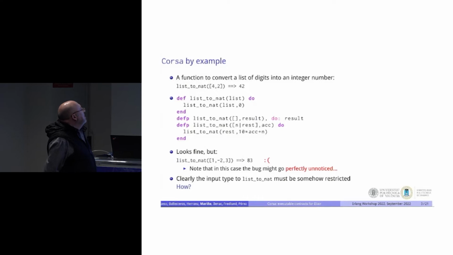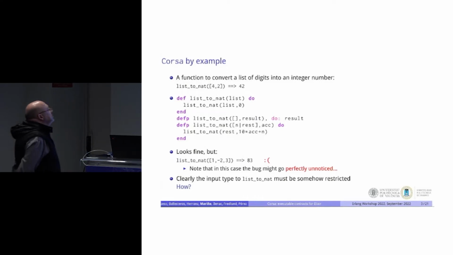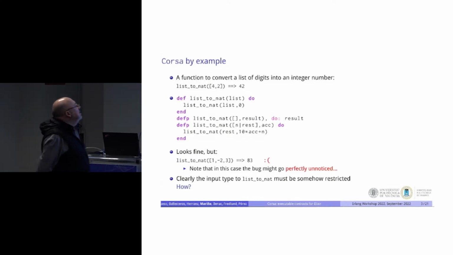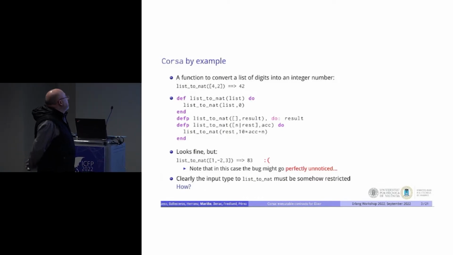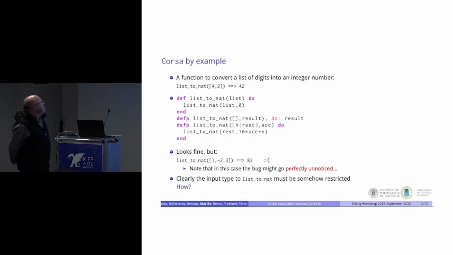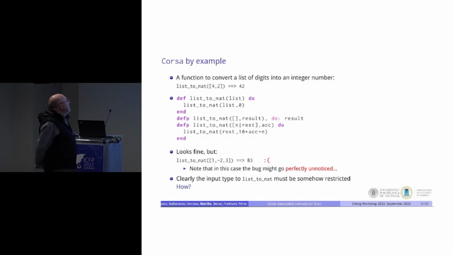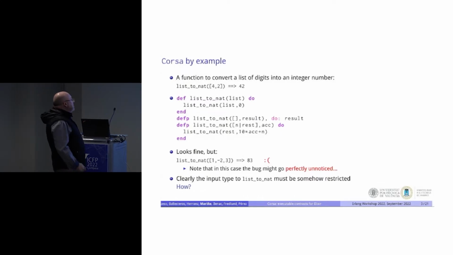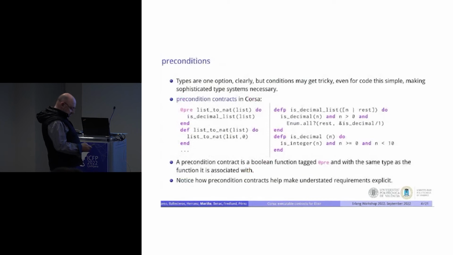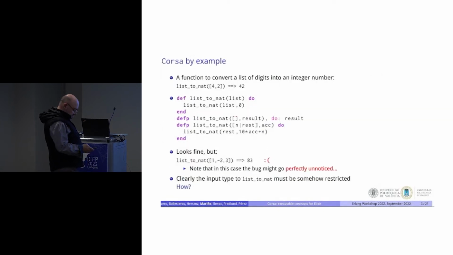So let's start with an Elixir function to convert a list of digits into an integer number. Well, the function itself is okay. There's no obvious mistake in its definition. But of course, it might be the case that we call it with wrong parameters.